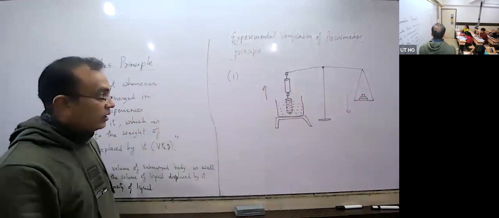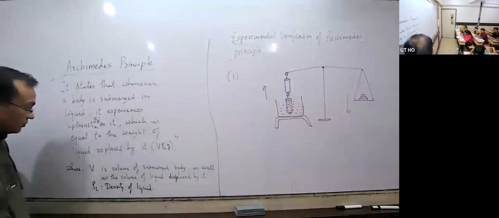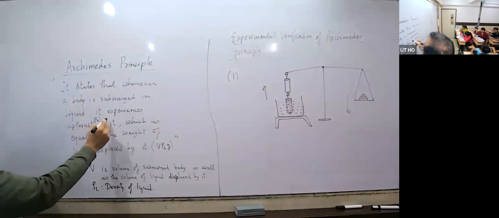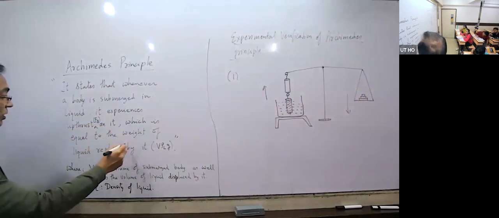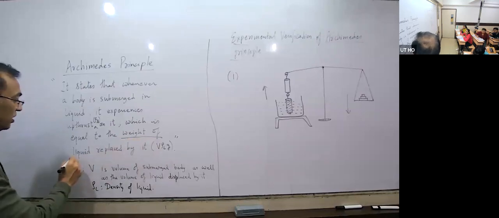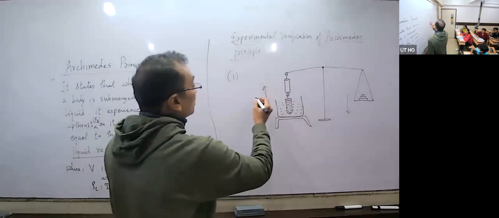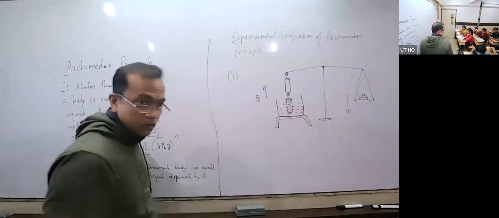Then what are we doing? So what is Archimedes' principle? It experiences upthrust on it, which is equal to the weight of liquid displaced by it. So it experienced upthrust and therefore it got unbalanced.